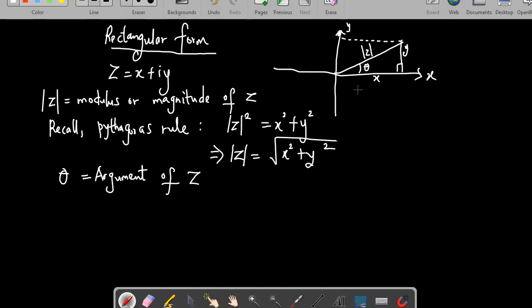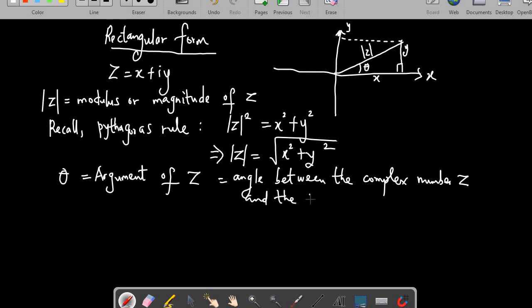Come again: it's the angle between the complex number z and the positive x-axis. So that is your argument.